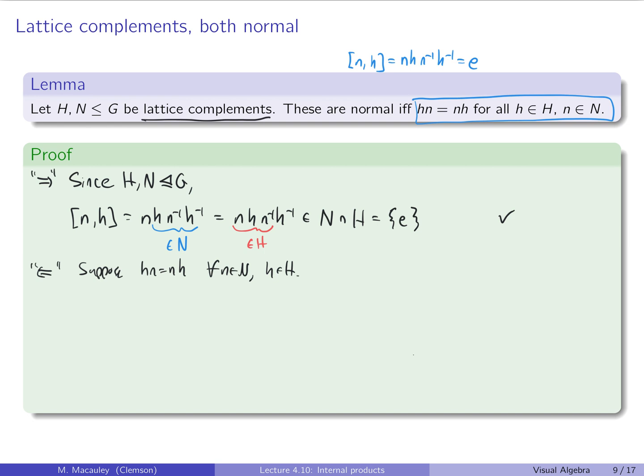So let's take g, which is equal to nh in big G, because these being lattice complements means that G equals NH. And let's show that every left coset is a right coset. So gH is nHH, which by our boring but useful coset lemma, the little h gets absorbed, so this is nH.